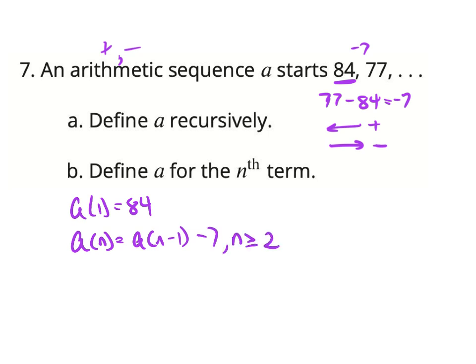Define the nth term. So that's A, it was in purple. B will be in red. Okay. A of n is 84 minus 7 times n... because this is arithmetic, the variable is not an exponent. All right, let's put n minus 1 because we're starting at the first term and not term 0.